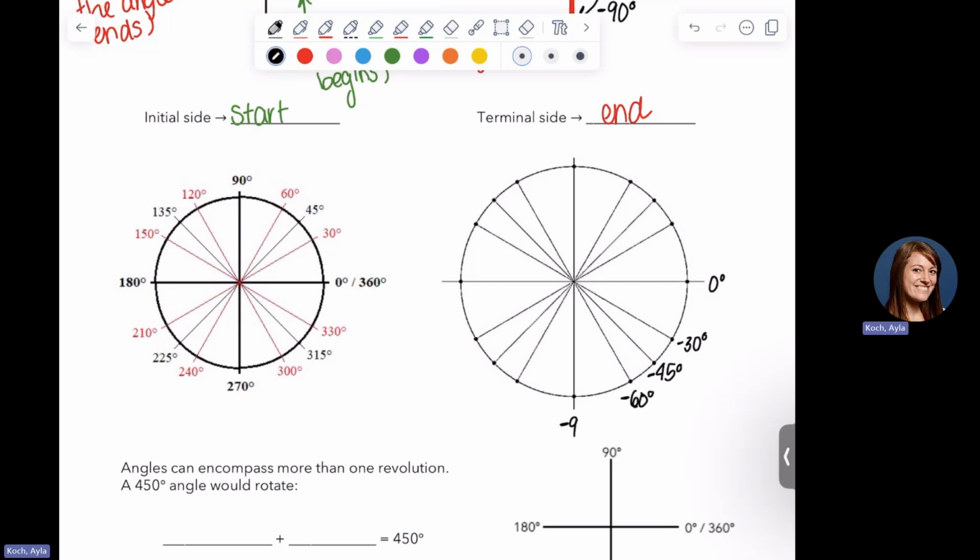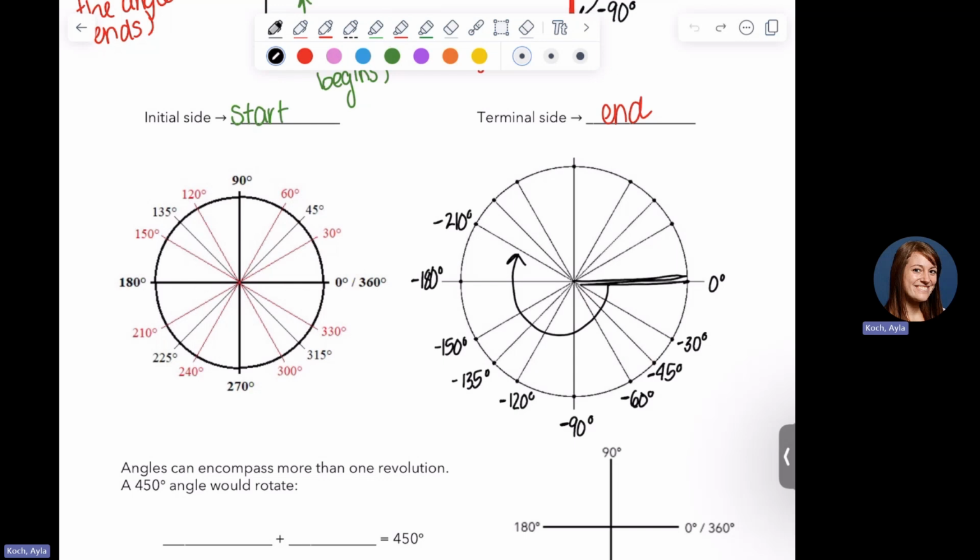This is negative 90 degrees. This is negative 120 degrees. I'm just moving past these spokes, but in the negative direction. The next one will be negative 135 degrees, negative 150 degrees, negative 180 degrees, negative 210 degrees. Because you'd still be going 210 degrees, that same amount of turn.